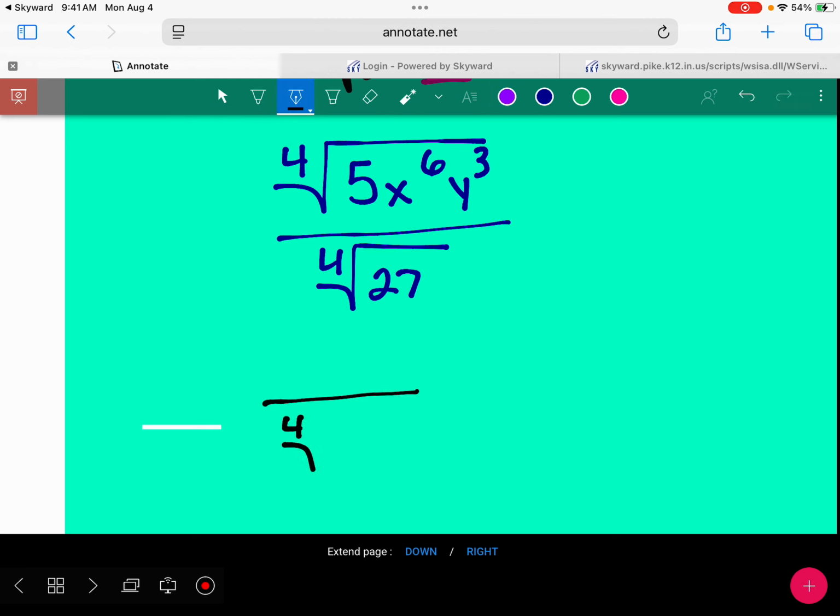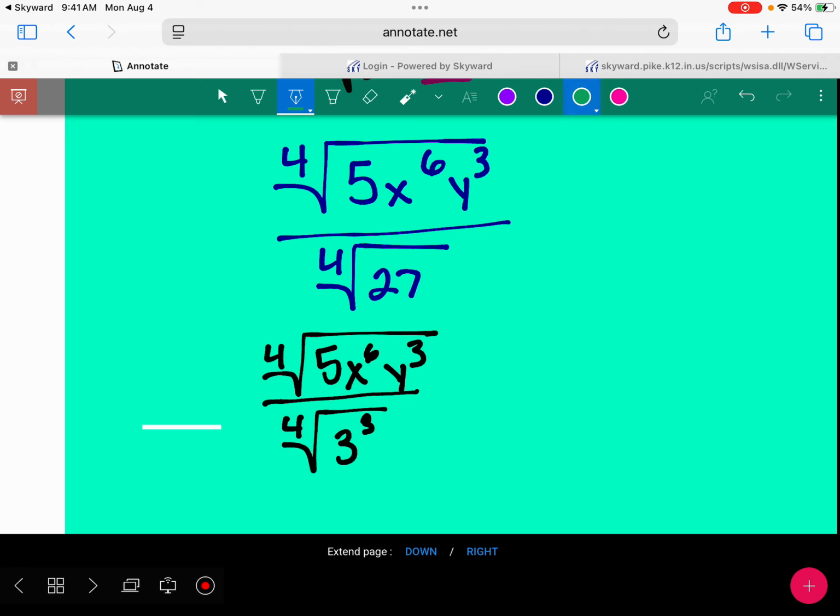If I rewrite this as the fourth root of, instead of putting 27, I put 3 cubed, and our numerator's staying the same for now, 5x to the 6th, y to the 3rd. Now I don't have anything I can simplify in my denominator.